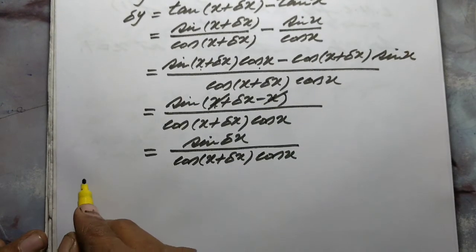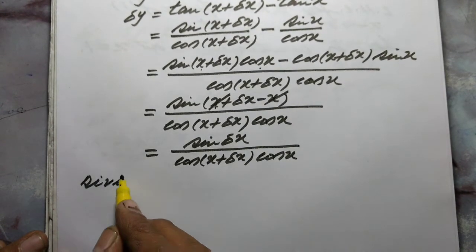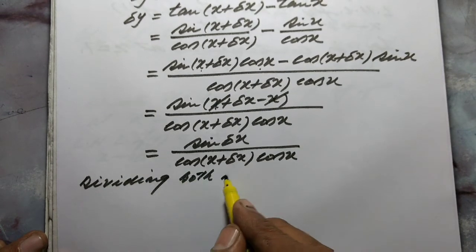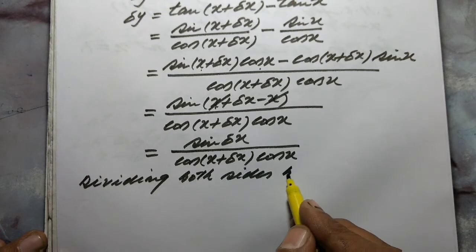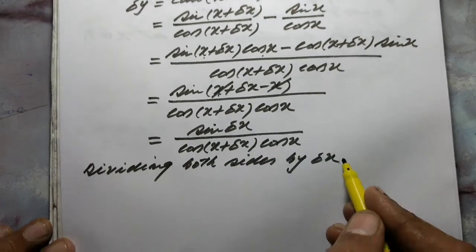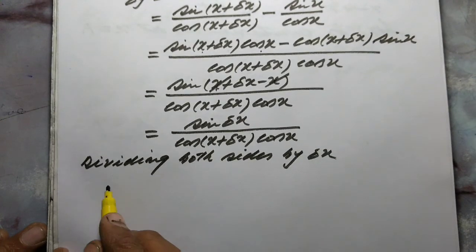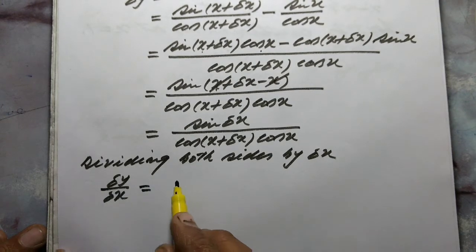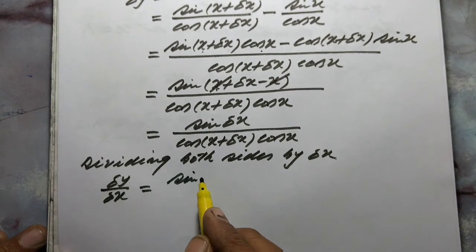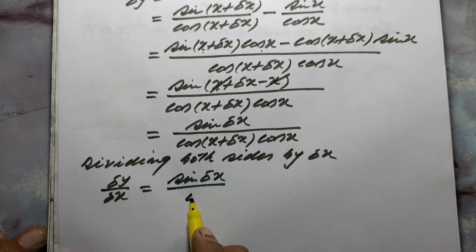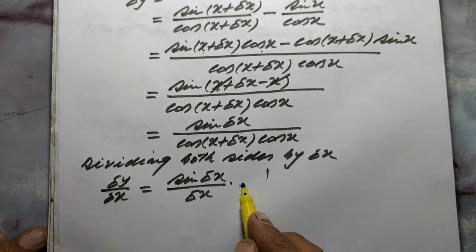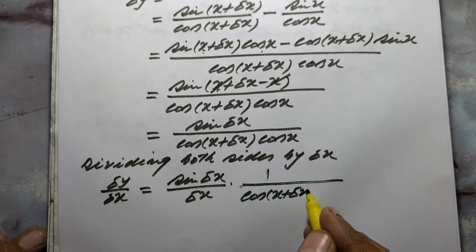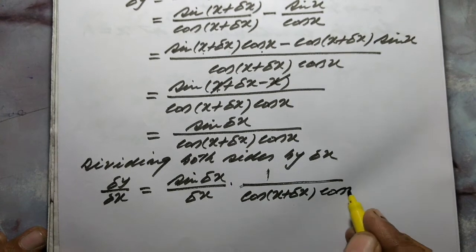Dividing both sides by delta x, we get on the left hand side delta y over delta x is equal to sin delta x upon delta x into 1 upon cos of x plus delta x into cos x.